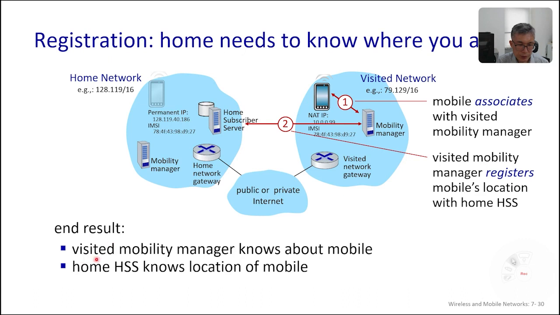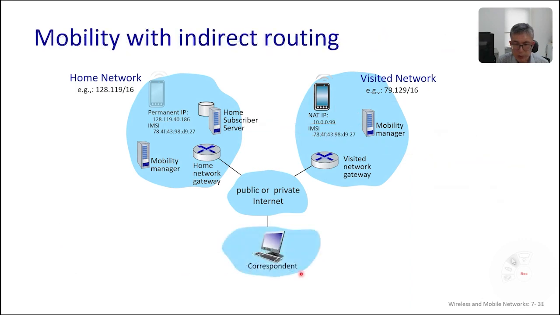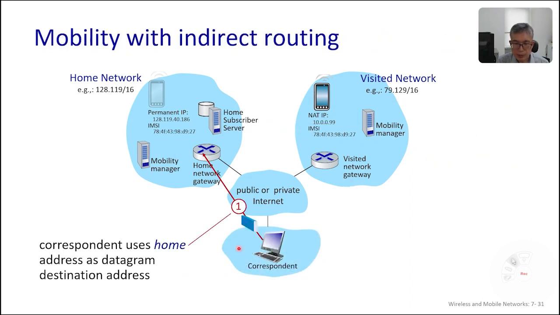As a result, the visited mobility manager knows about the mobile device, and the home HSS knows the location of the mobile node. Once this setup is done, the correspondent node uses the home address of your mobile device as the datagram's destination IP address.